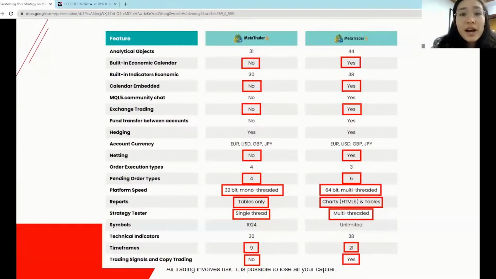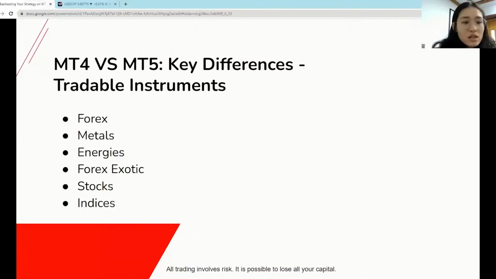So MT5, because it uses a different programming, is also slightly faster, 64 bits, and multi-threaded compared to MT4. But if that's not an issue for you, then MT4 is good enough. Okay, let's move on.